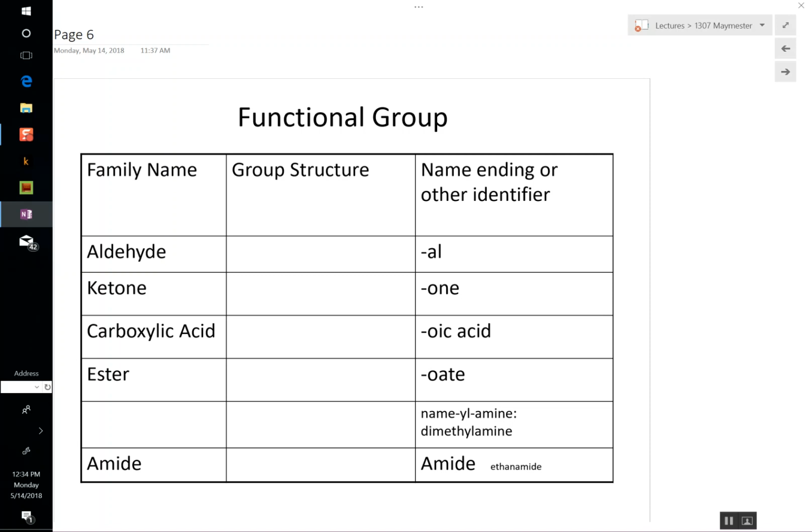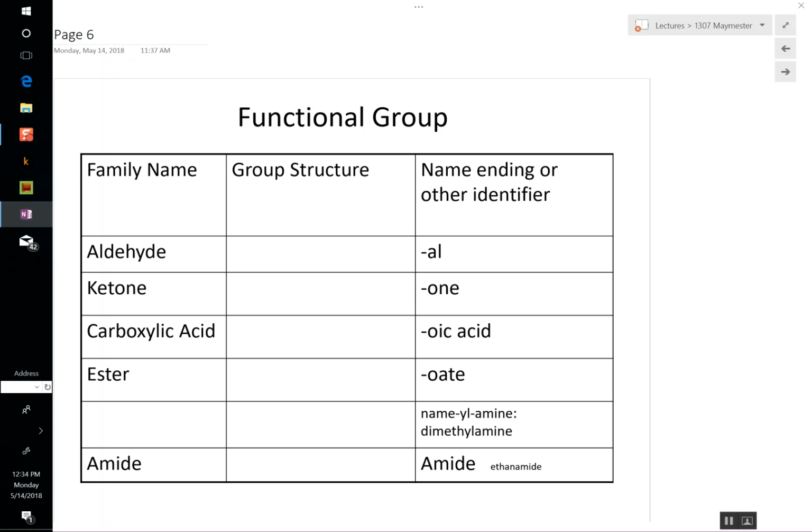Dimethylamine. I got that there, so if I have dimethylamine, I better put it on here. This would be dimethylamine. These are all hydrogens. That's dimethylamine.